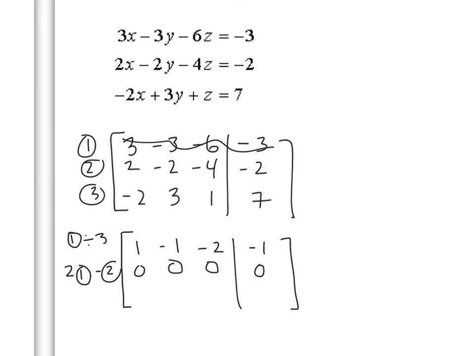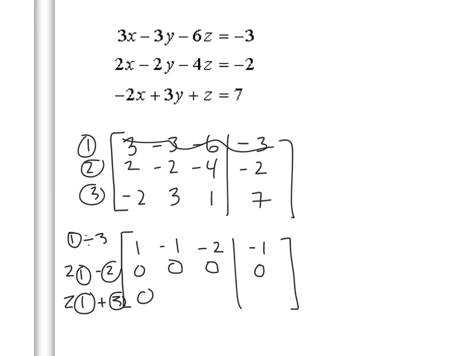But let's see what happens when we try to eliminate that third row. For the third row, I want to get rid of this -2 down here. So I'm going to take row 1, multiply it by 2, and then add it, so 2 times row 1 plus row 3, because that's going to get rid of that 2. So I end up with a 0 here.